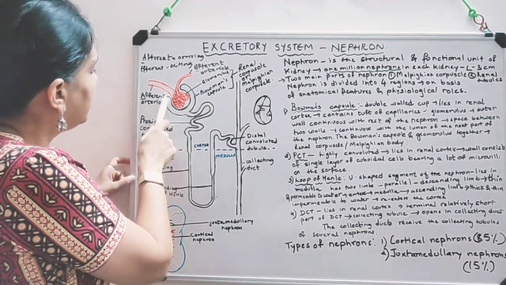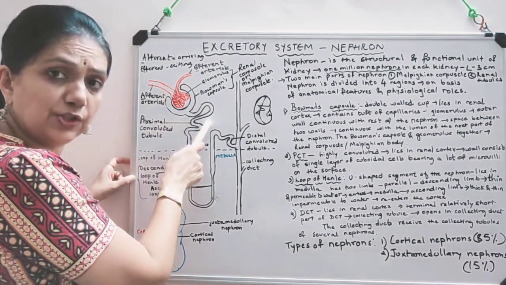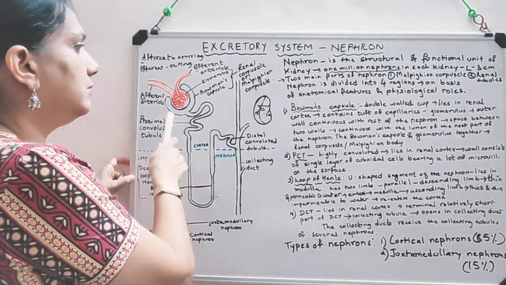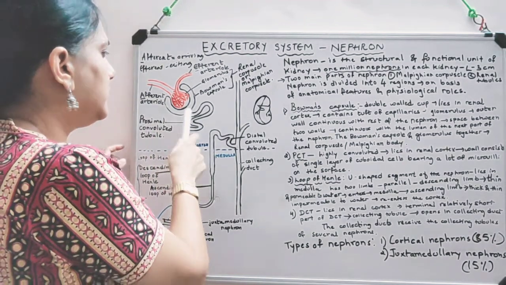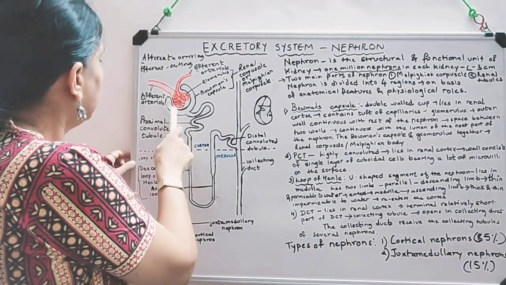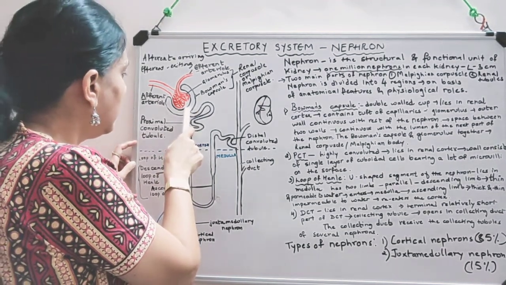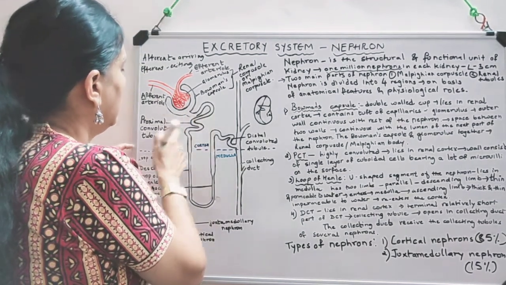Now, the outer wall of Bowman's capsule is in continuation with the rest of the renal tubule, right? And the space between the two walls of Bowman's capsule is in continuation with the lumen. This is called the lumen.